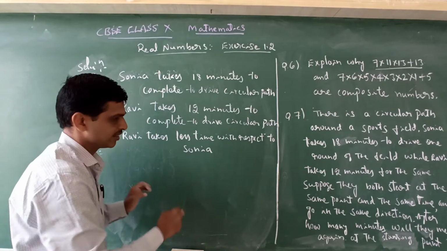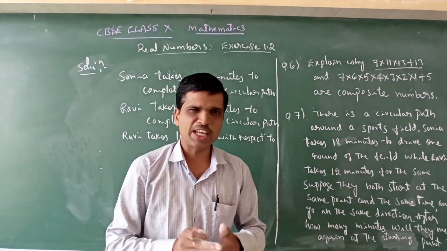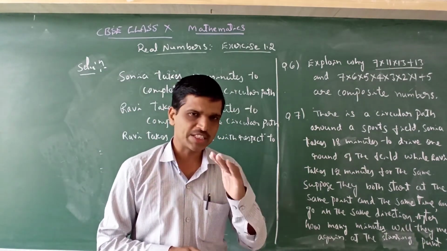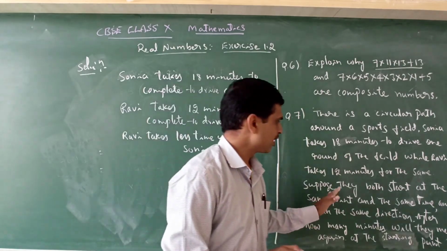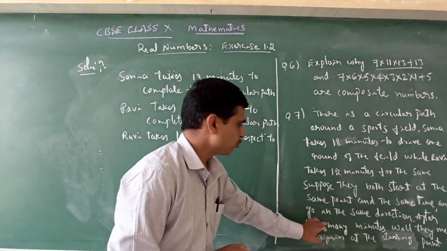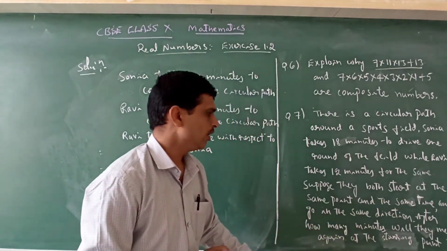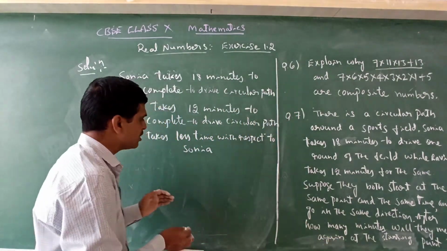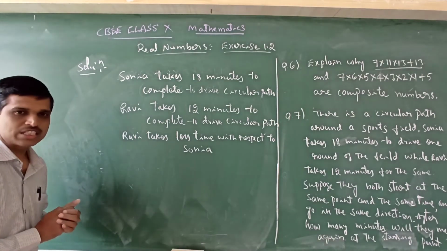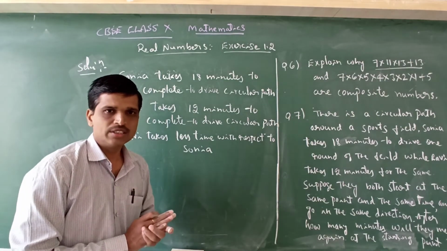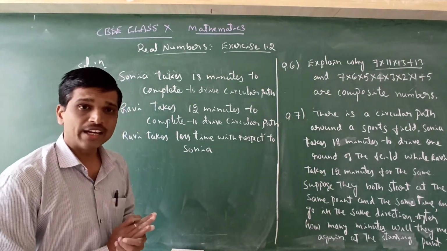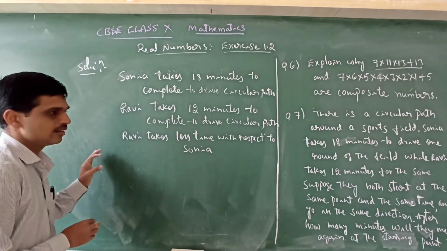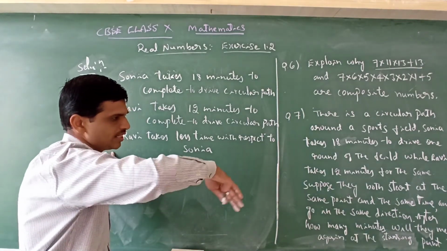If they start at the same time, at the same point, and after completing the round, at what time will they meet again? I mean, in which time can they meet again? This is what we have to find. In order to find that, we can take the LCM, because it is a circular path.